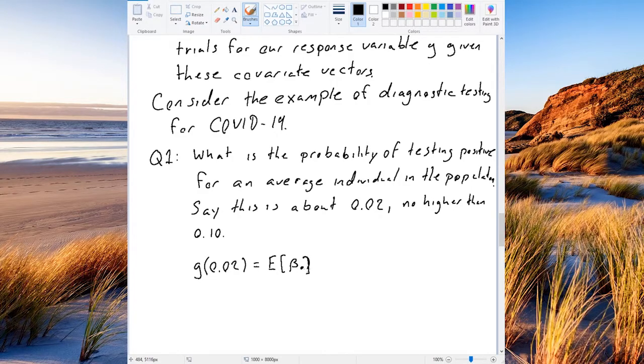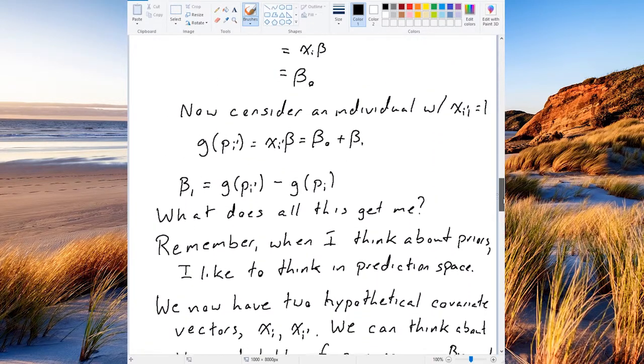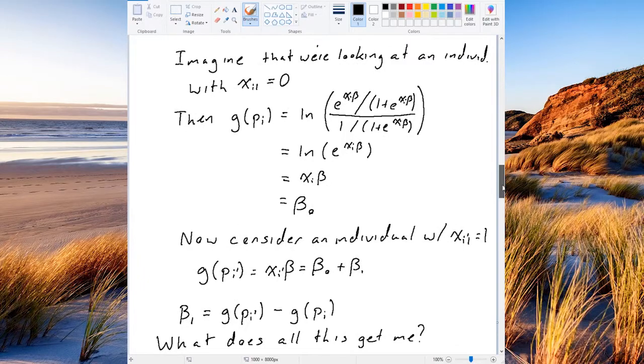Does it make sense how I'm getting that? So I'm saying that 0.02 is my best guess for the probability of a positive testing result for somebody who has covariate level 0 on my measured covariate, somebody who is average.